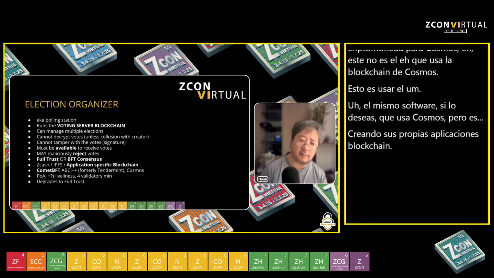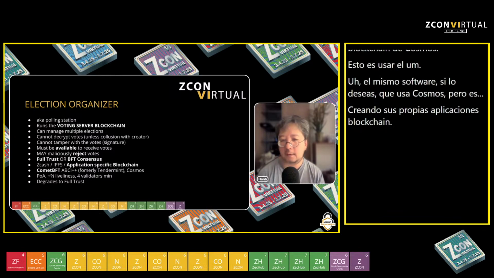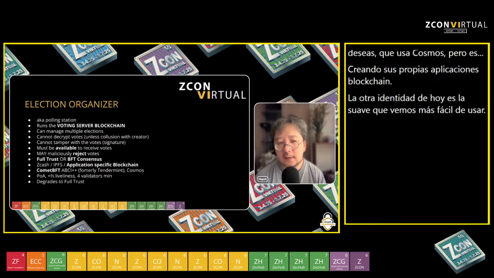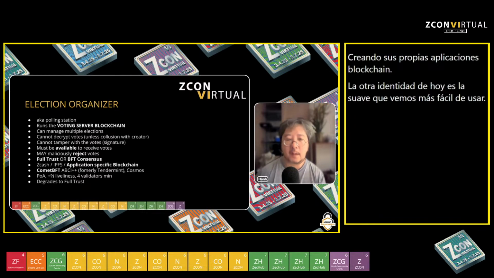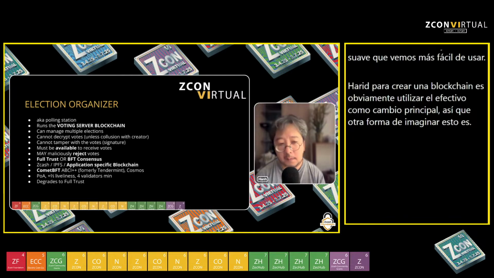The alternative to this, which would seem easier than having to create our own blockchain, is obviously to use the Zcash main chain. Right? So another way to imagine this being done is that you send your ballot to Zcash on the main chain.